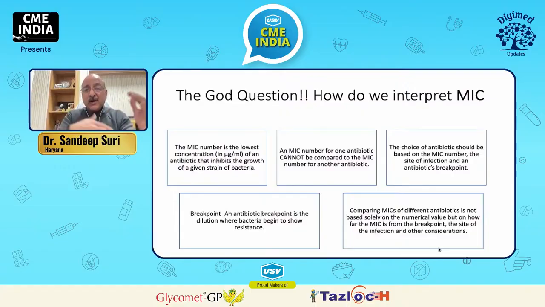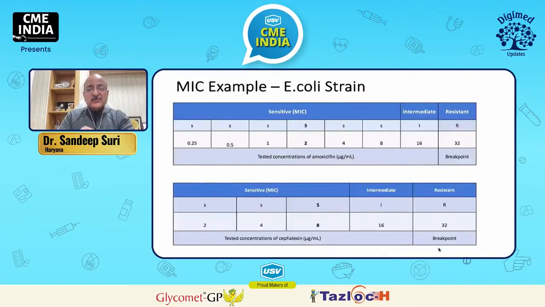I will tell you how to interpret the MIC and also how to look at the breakpoint. The breakpoint is the value where the bacteria starts getting into resistance. So if there is a larger distance between the MIC and the breakpoint, there are higher chances of having an effective antibiotic. I will explain.